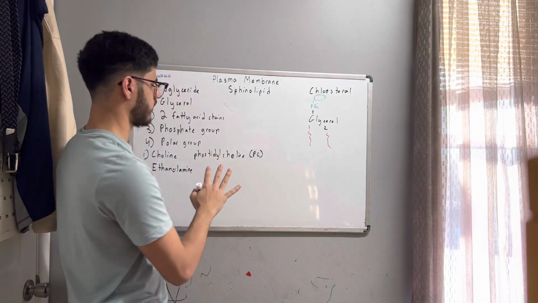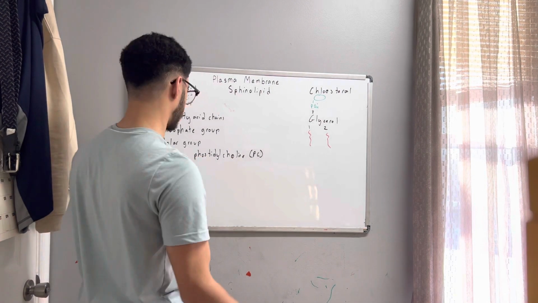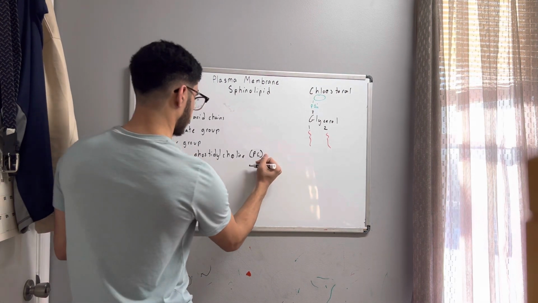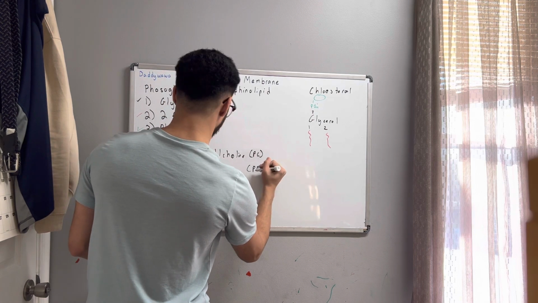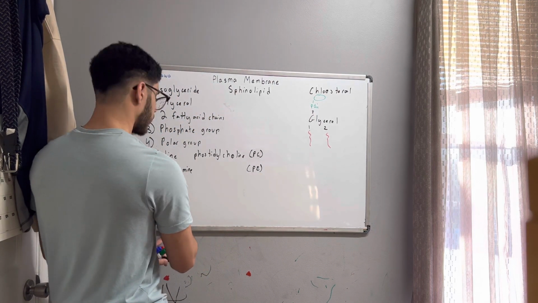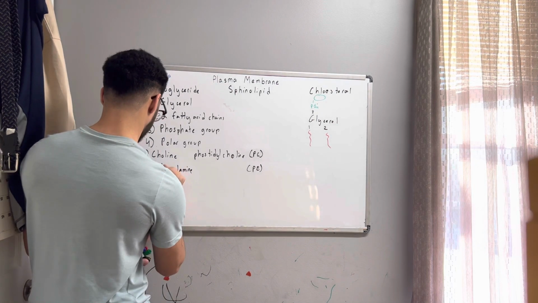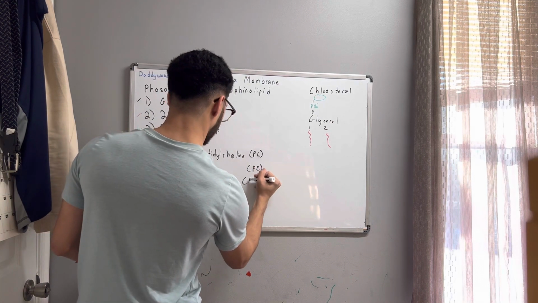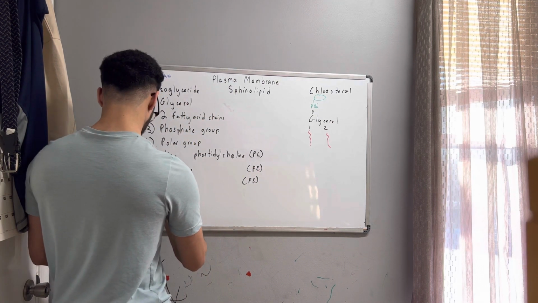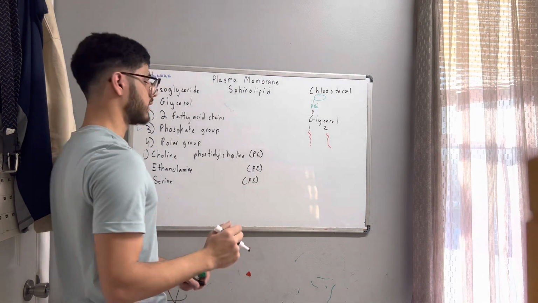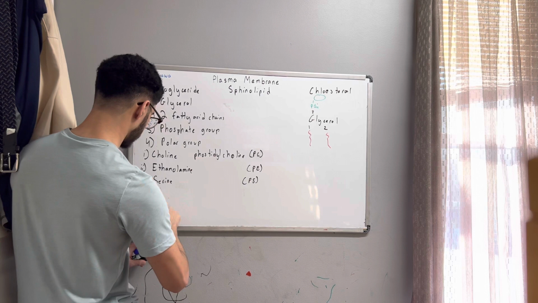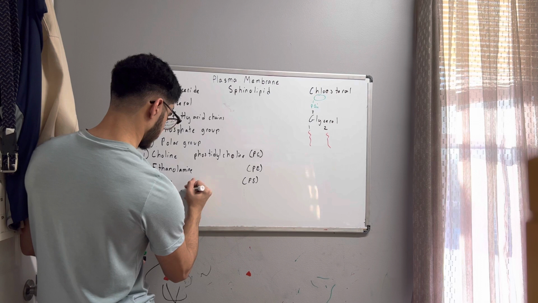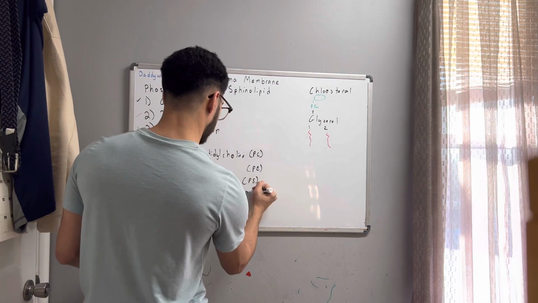The spelling might be off, but you'll get the idea. Same thing, phosphatidylethanolamine, so that would be PE. Simple stuff. The third one is serine, so that would be PS. And the last one is inositol, so that's just PI.